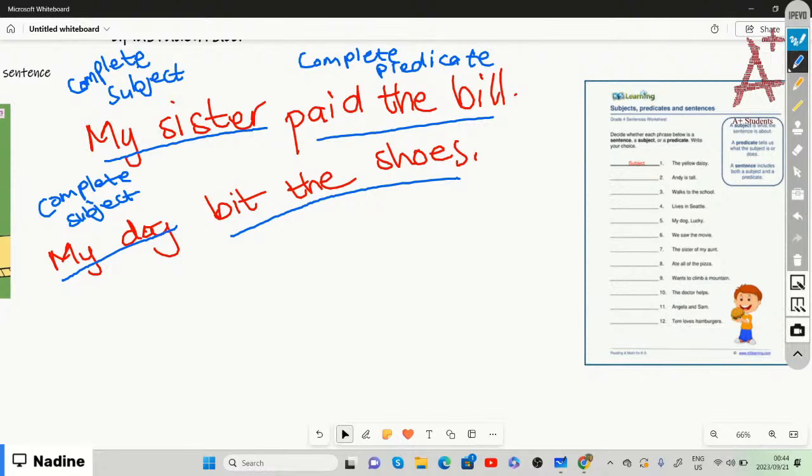And this is a complete predicate. So far we've identified our complete subjects within the sentences as well as our predicate, which is the action that the subject does.